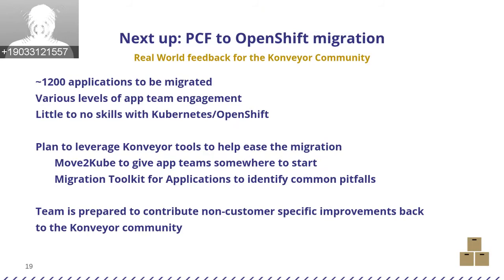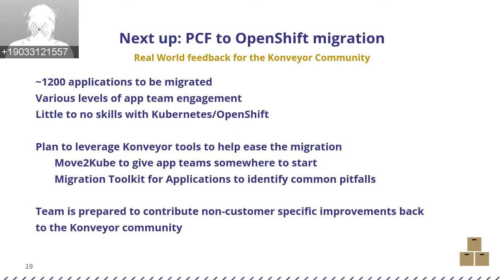In this process, we want to leverage these Conveyor tools to help ease that migration. We did a demo of Move2Kube and plugged it into a PCF environment. In fact, it was a Bluemix environment. We used that to spit out the Kubernetes artifacts. We actually found a bug in the output where it doubled up, I believe, the route, and caused a failure of the deployment.